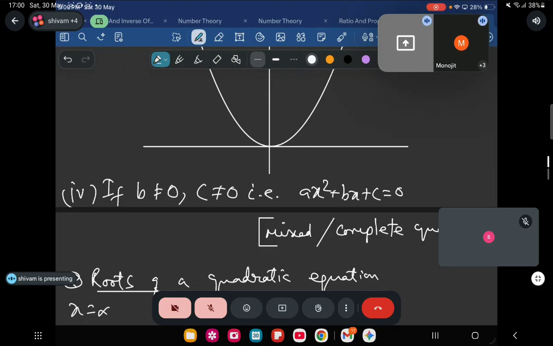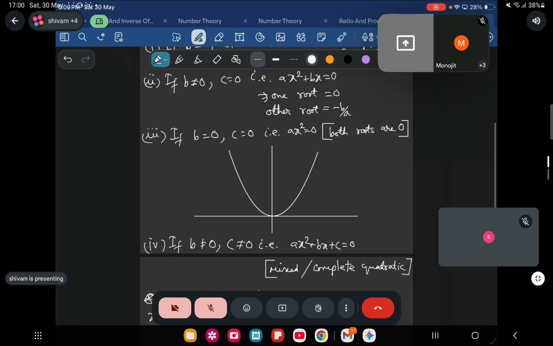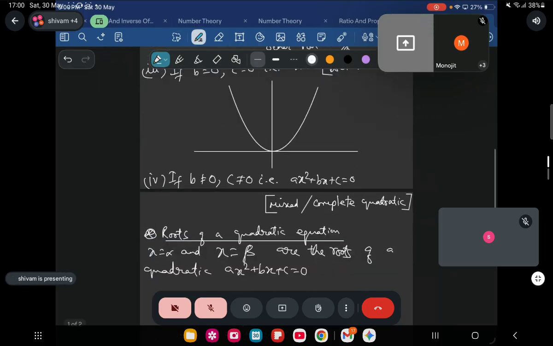Sir, can you show the second and third point? x equal to alpha and x equal to beta are the roots of a quadratic ax square plus bx plus c equal to 0 if and only if.